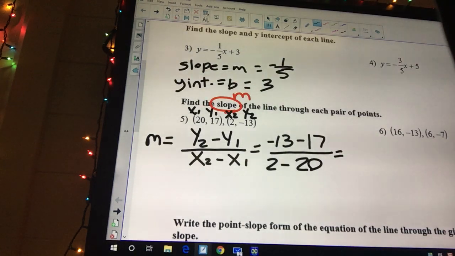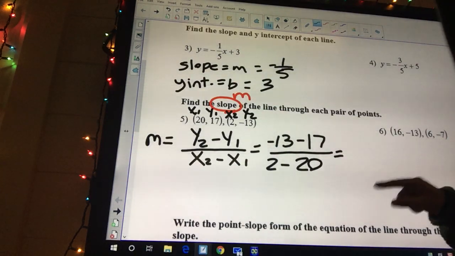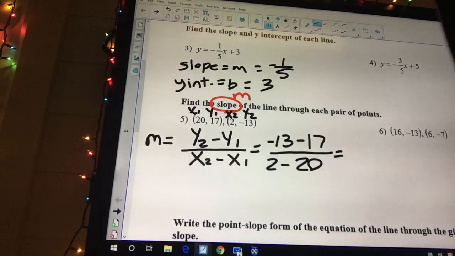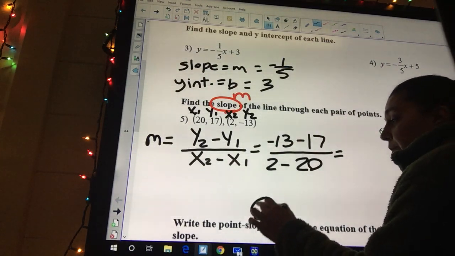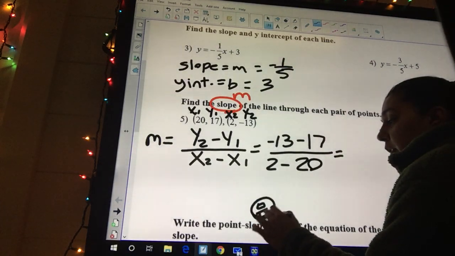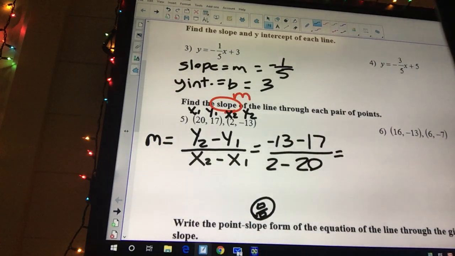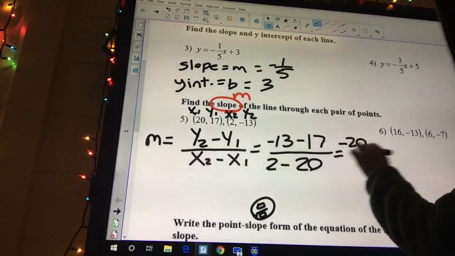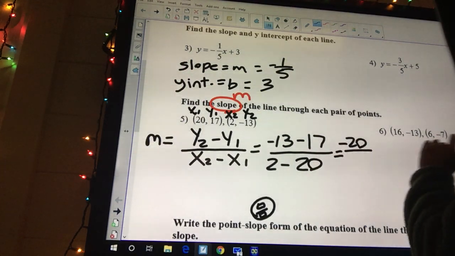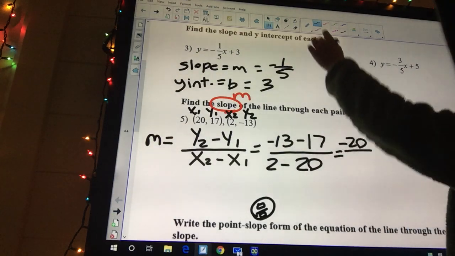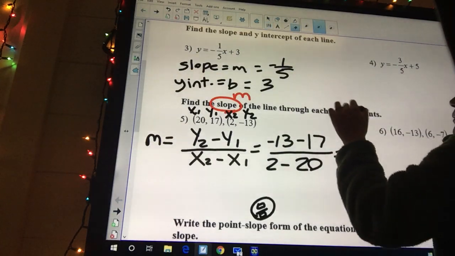If it gives you a decimal, there's a little button off to the right, and it looks like a fraction inside of a circle. You can push that and it'll change it to a fraction for you. So this is going to be -20 over, no, just kidding. It's not -20.